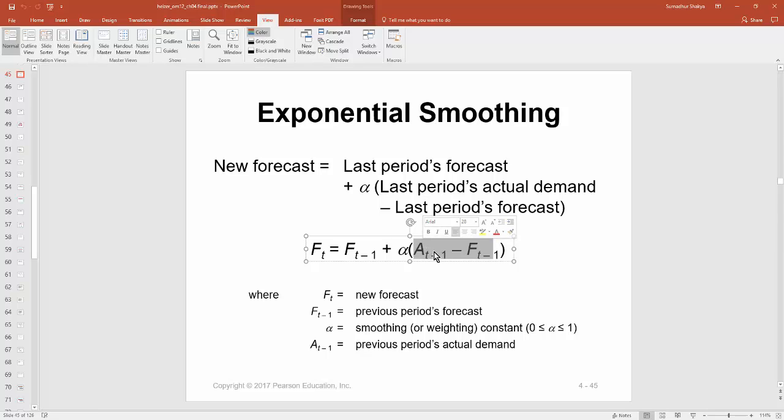So if the data is highly fluctuating, which means we may have been very far off in terms of predicting, then we make higher correction, which means there would be a bigger value of alpha, which means it would be more towards the 1. So it could be 0.8, 0.85 or 0.9.